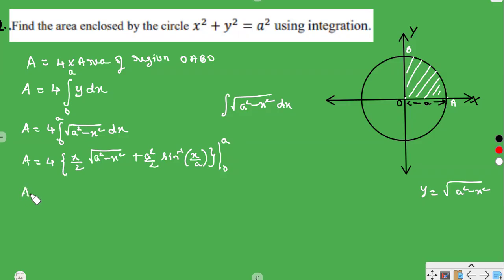So A equals, I've written the formula, and I've applied the limit now. Now wherever there is x, we put a. So write 4 times. This is called applying the upper limit, x equals a.